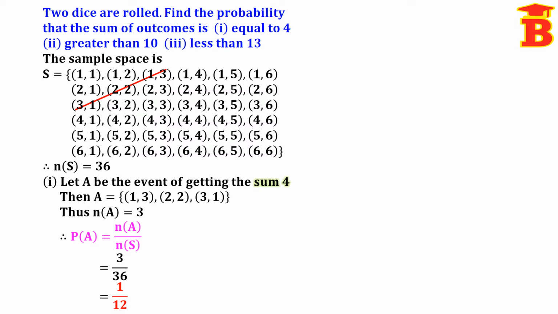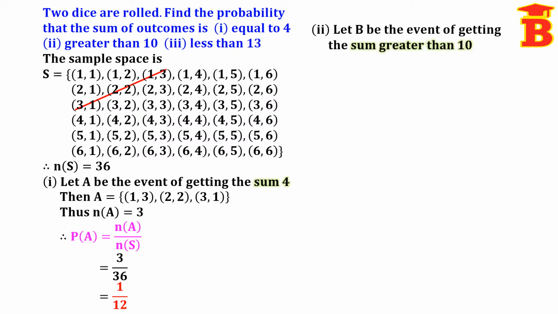Next, the second question is greater than 10. Let B be the event of getting the sum greater than 10. Just draw the line in which we get the sum 10. So this line gives the sum 10.